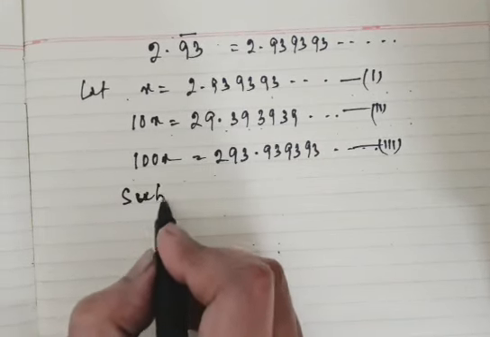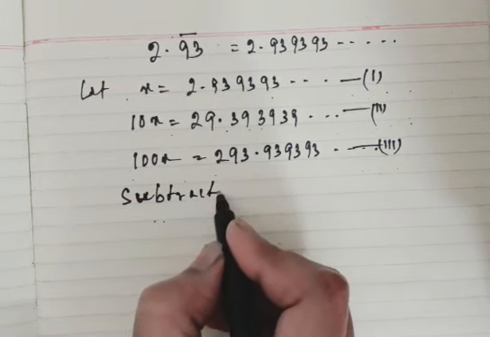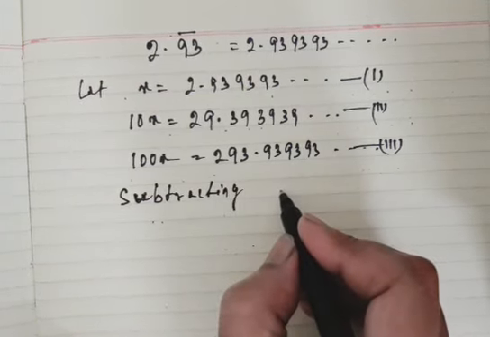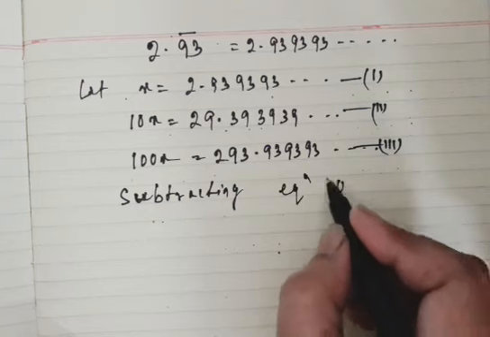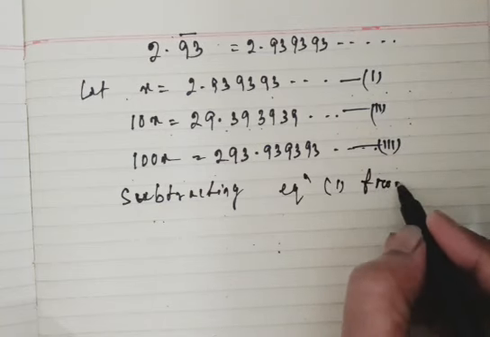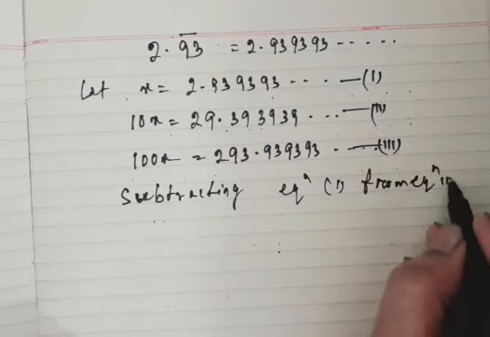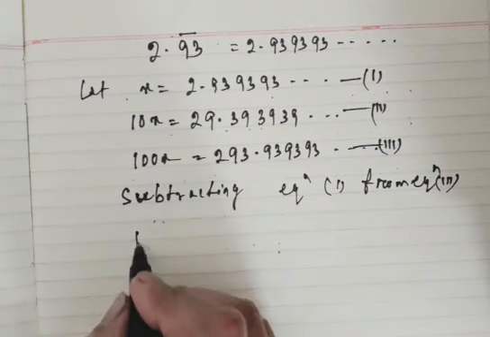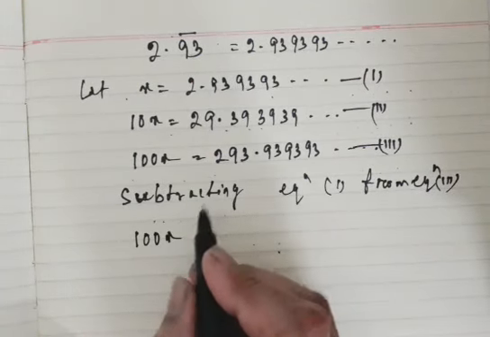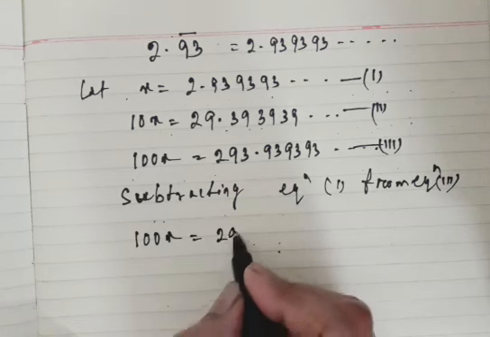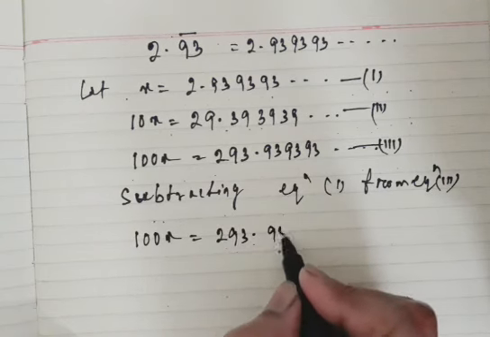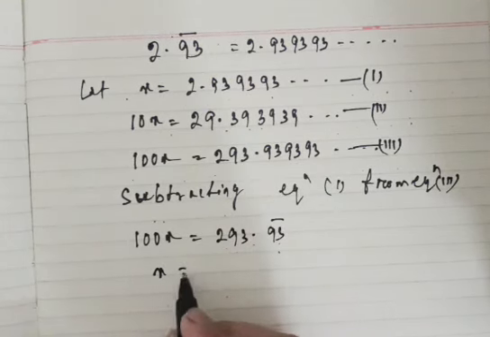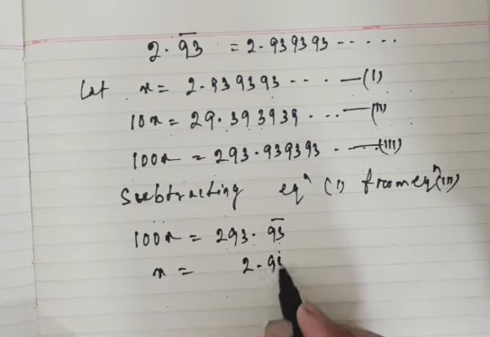Subtracting equation 1 from equation 3: 293.93 bar minus x equal to 2.93 bar.